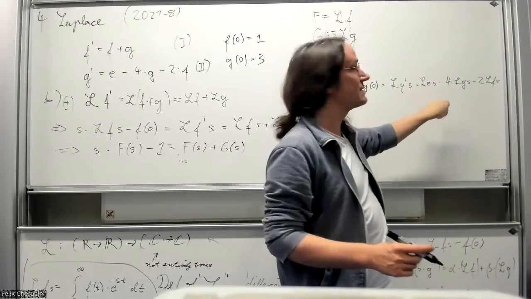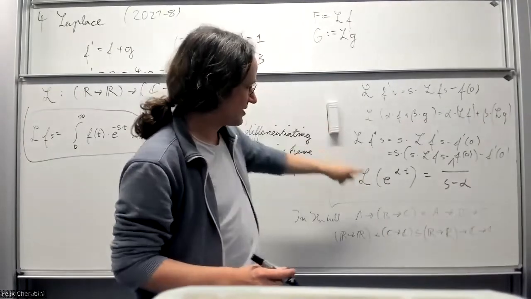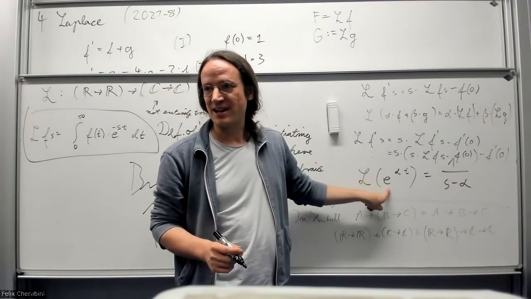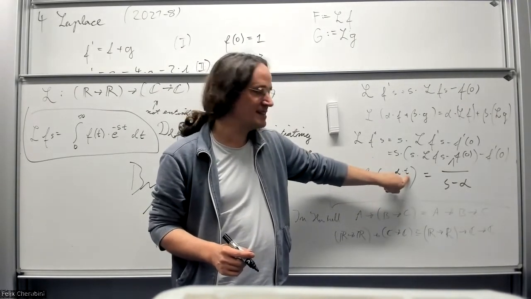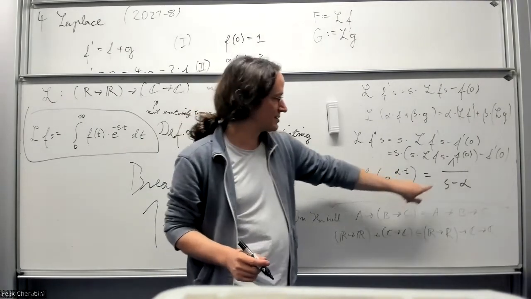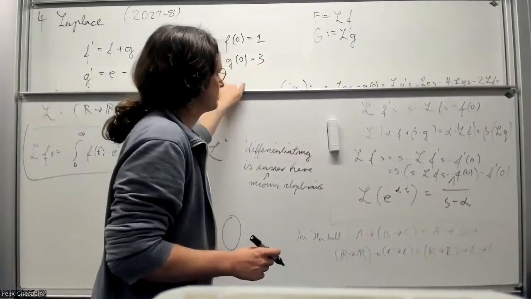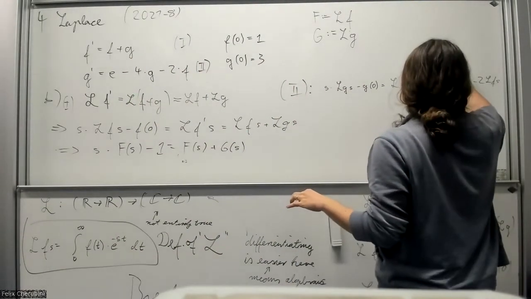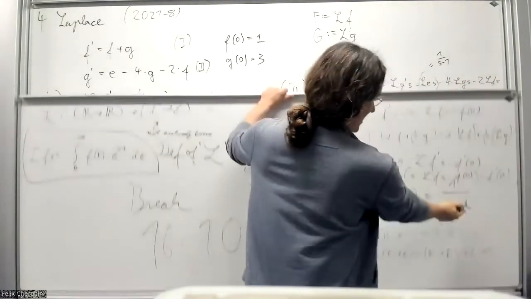Remember the other important rule, which is exactly about Laplace of e to the alpha times t. Alpha is 1 here, so we get 1 over s minus 1.